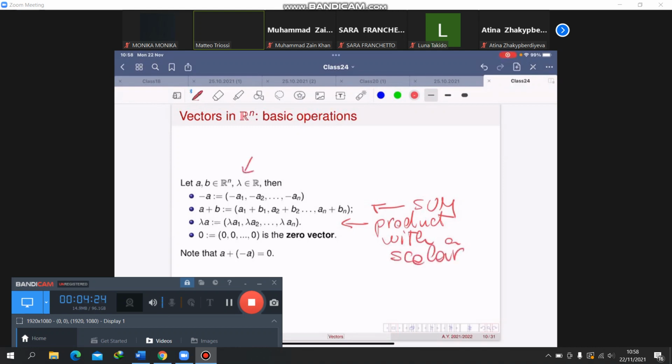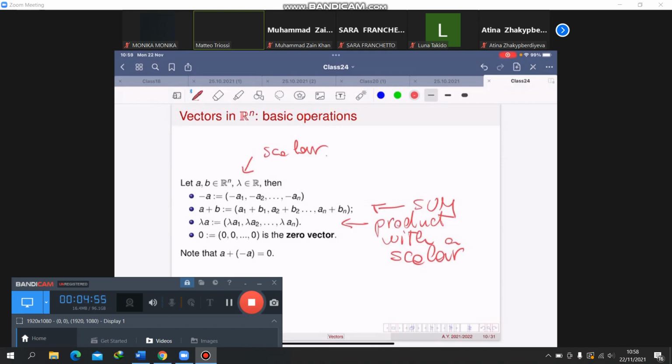This is called scalar because it somehow modifies the scale of the vector. It either expands the vector or it reduces its dimension when it's positive.